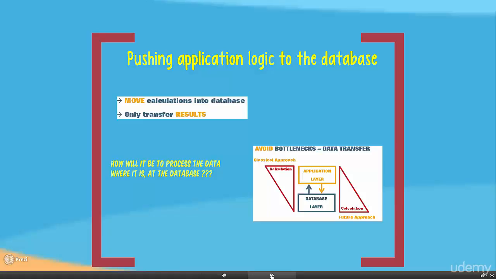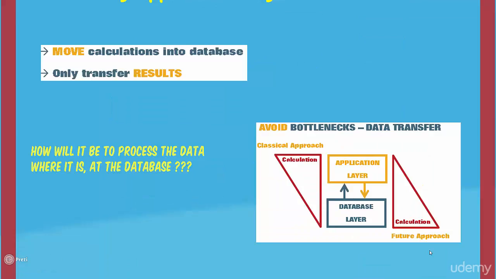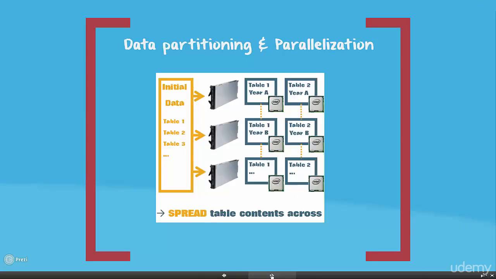So we want to push that down to the database because HANA can handle it much faster and much more efficiently. Naturally, this allows the application layer to do its job, which is orchestration and triggering the processing within the database. This frees up the application layer and gives a much better user experience.